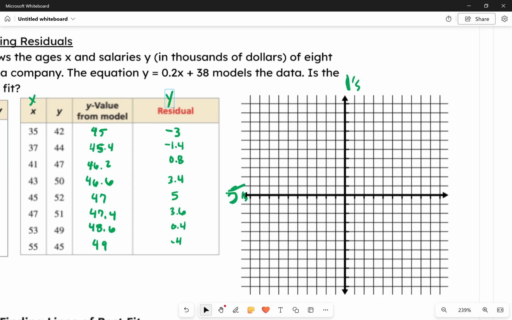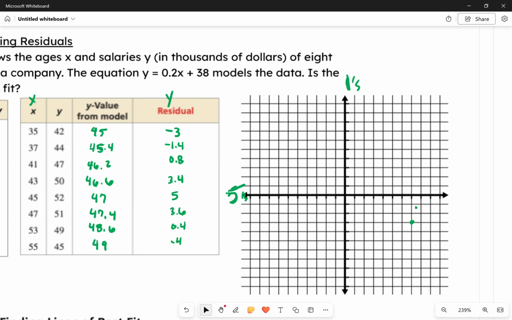Okay, so 5, 10, 15, 20, 25, 30, 35. We're going negative 3. 1, 2, 3. Okay, 37, and we're going to negative 1.4, so it's roughly there.